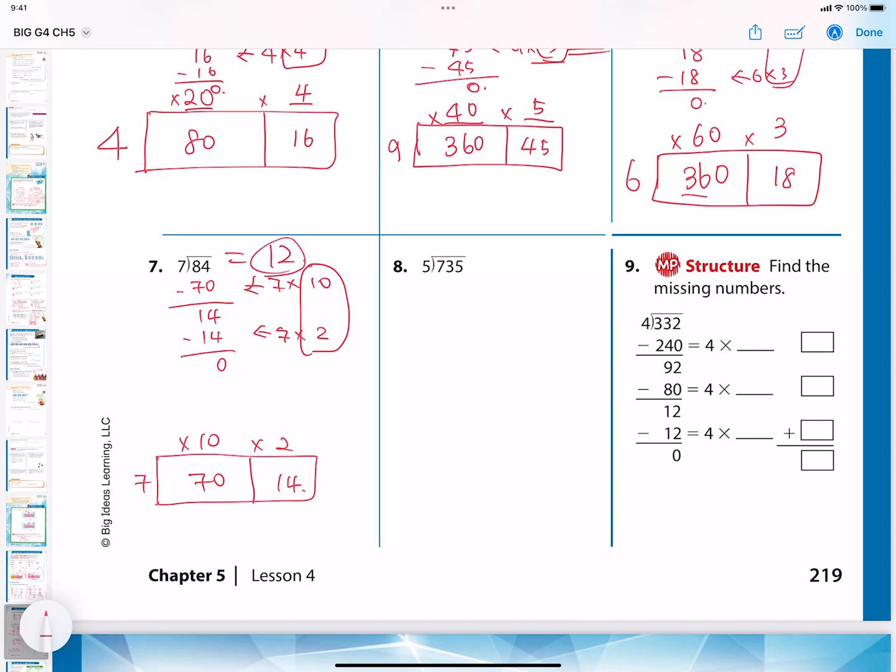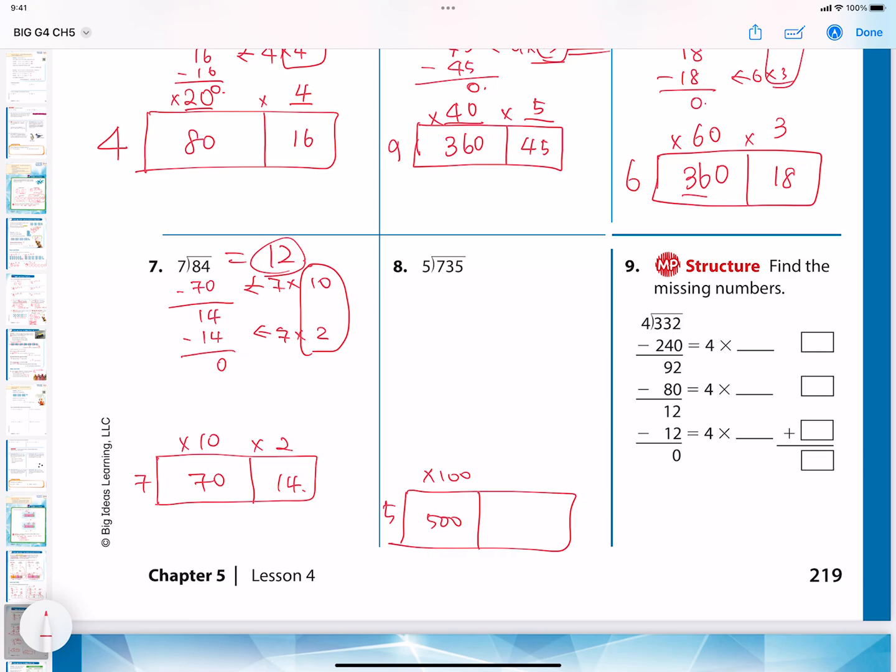And let's move on to this number 8. So since I know 5 times, let's say, I'm going to split that into 2 first. When I take a look at this number, this is way bigger than 500, right? Which means what? 5 times 100 is going to be 500.